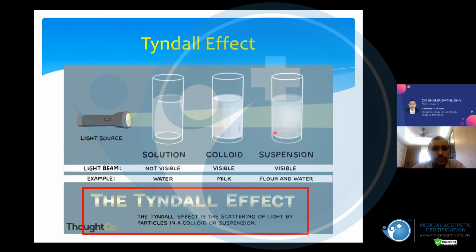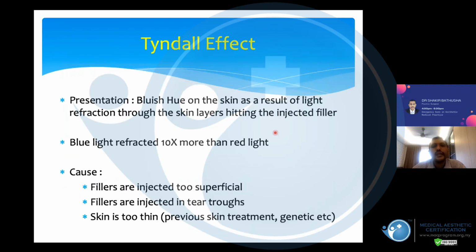When you inject too superficially, the ambient light gets scattered by the particles inside your fillers, and the reflection of the light appears like a bluish hue, and it looks as if the patient has been punched in the eyes.